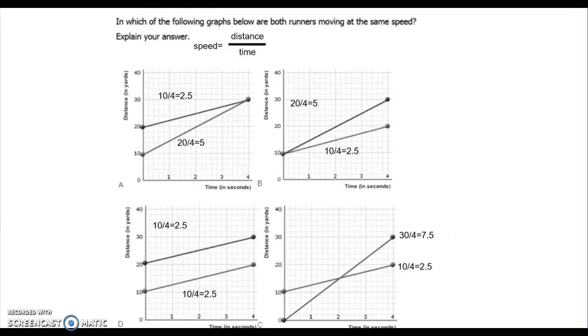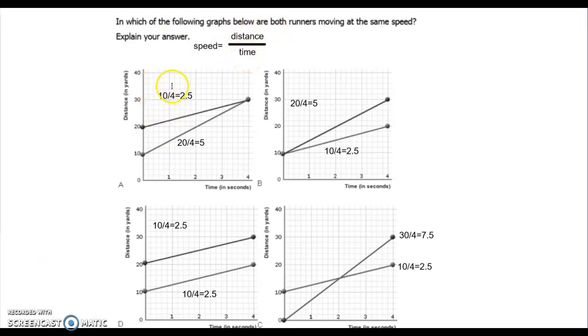In which of the following graphs below are both runners moving at the same speed, and explain your answer? Remember to calculate speed: speed equals distance divided by time.